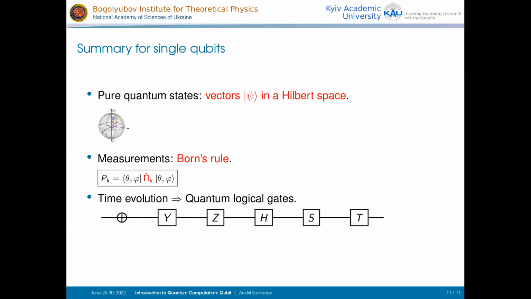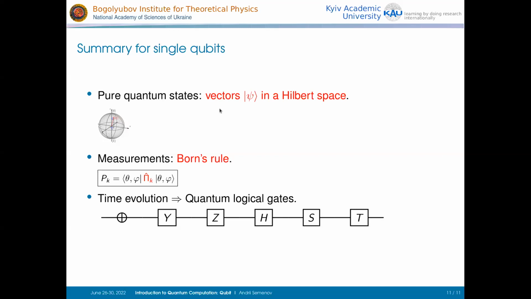Never try to do it like this, because this is just a random combination of some operations, just for demonstration. Nevertheless, time evolution in quantum mechanics is also described by the Schrödinger equation. And for us, it is important that this gives quantum gates.